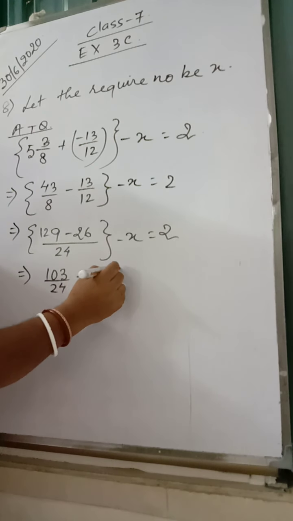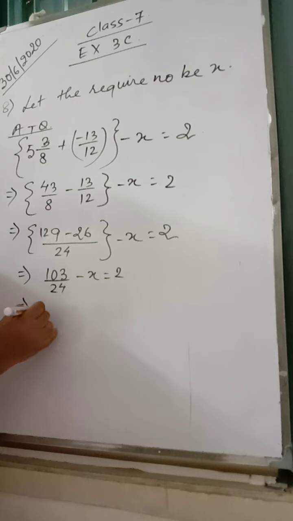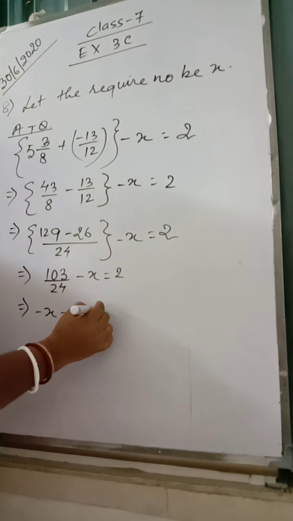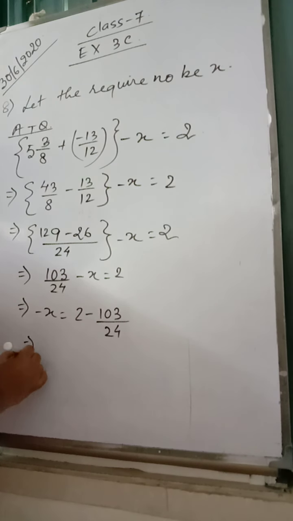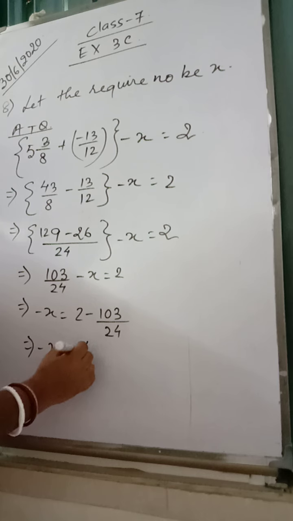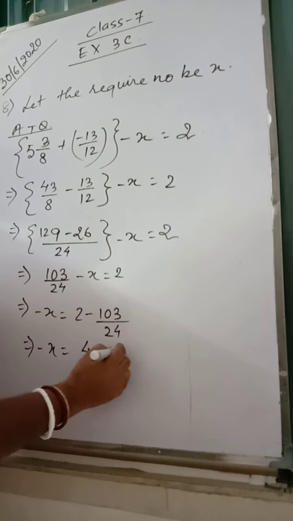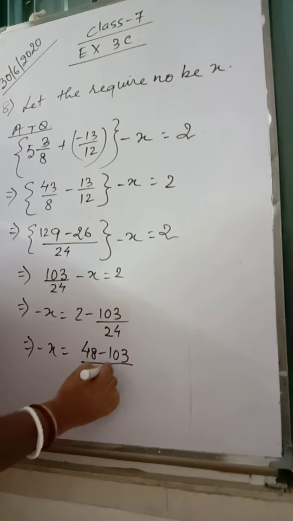minus x is equal to 2. If it goes to the right side, it will be minus 103/24. Minus x is equal to 48 minus 103 over 24.